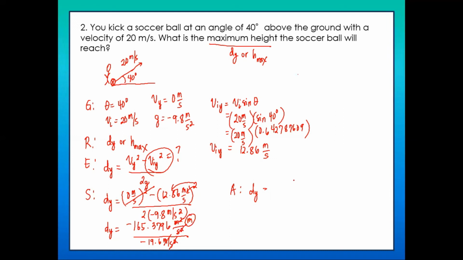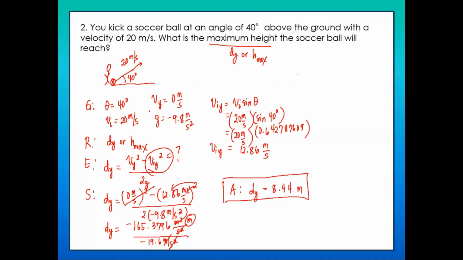On our calculator, 8.437. So that becomes 8.44 meters, because this is the unit that remains. So this is now our answer. This is the highest peak that the soccer ball reached if you kick it at 40 degrees with this particular velocity. Hopefully you understood how we solve this particular problem.